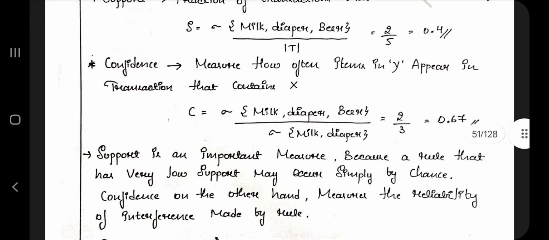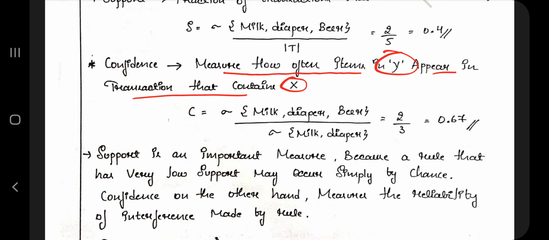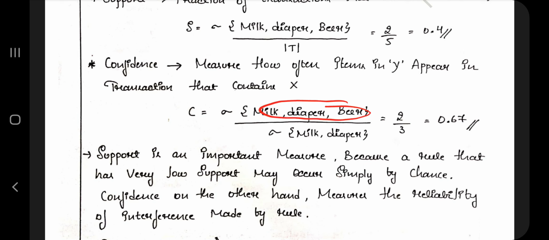Next we move on to the confidence. Confidence is a measure of how often the items in Y appear in the transactions that contain X. Firstly we find milk, diaper, beer, all 3 together in the top, and at the bottom, instead, we find milk and diaper only.